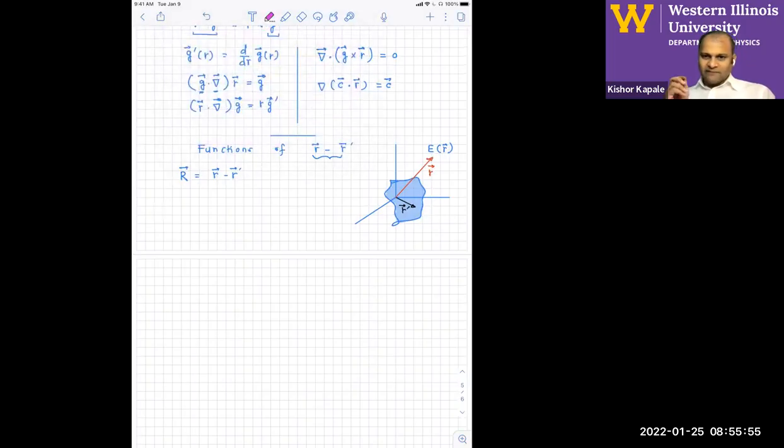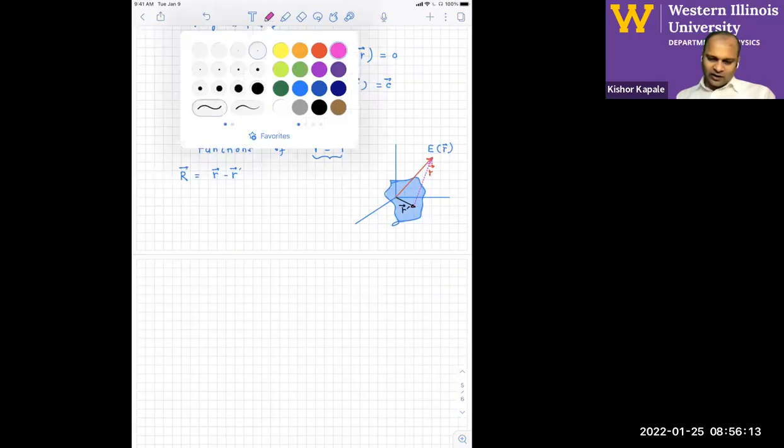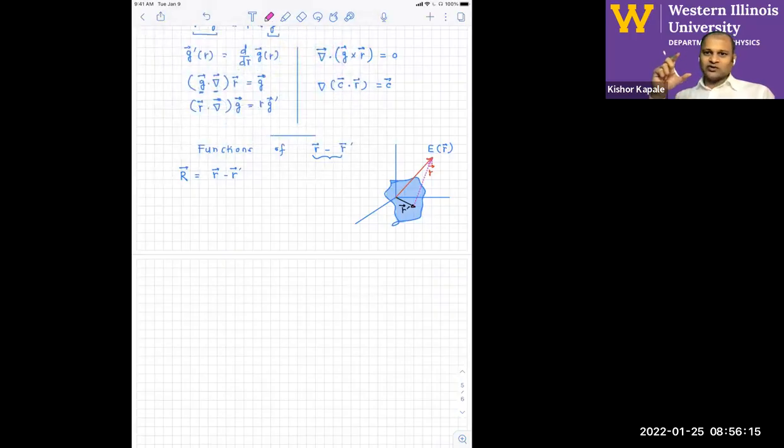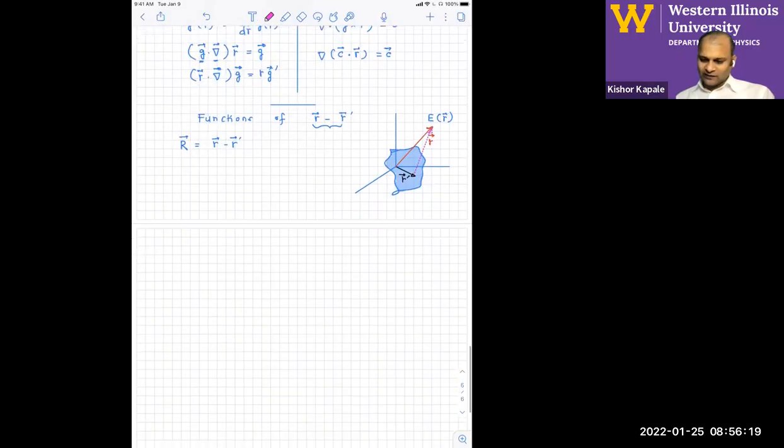The contribution to the electric field at point R from a charge that's situated at R prime, Coulomb's law depends on the distance, right? So this quantity, the dashed line vector, is what is going to be important. It's the distance between those two points, the source and the location at which you're trying to find a field.